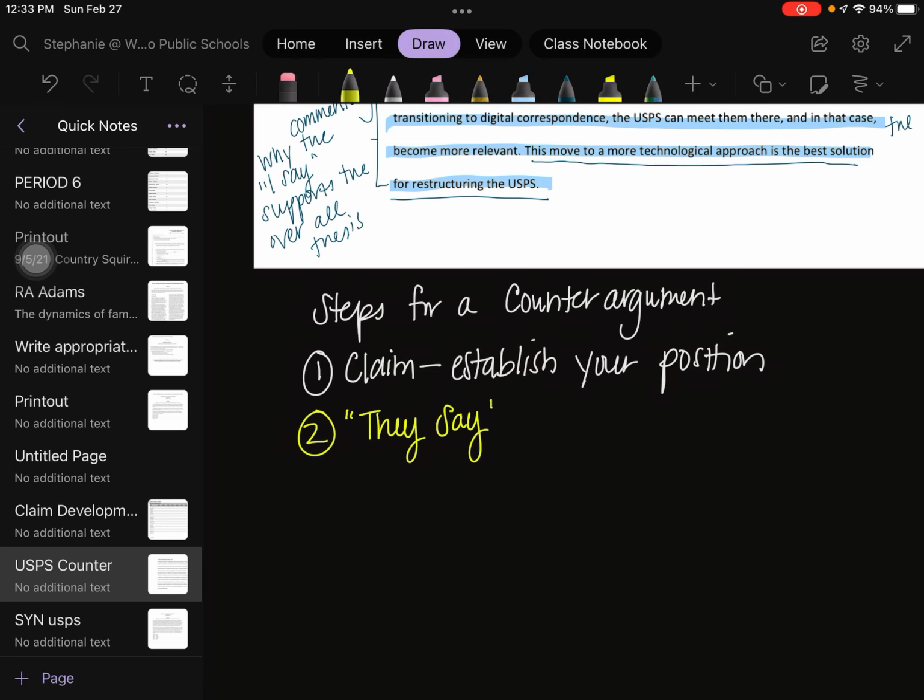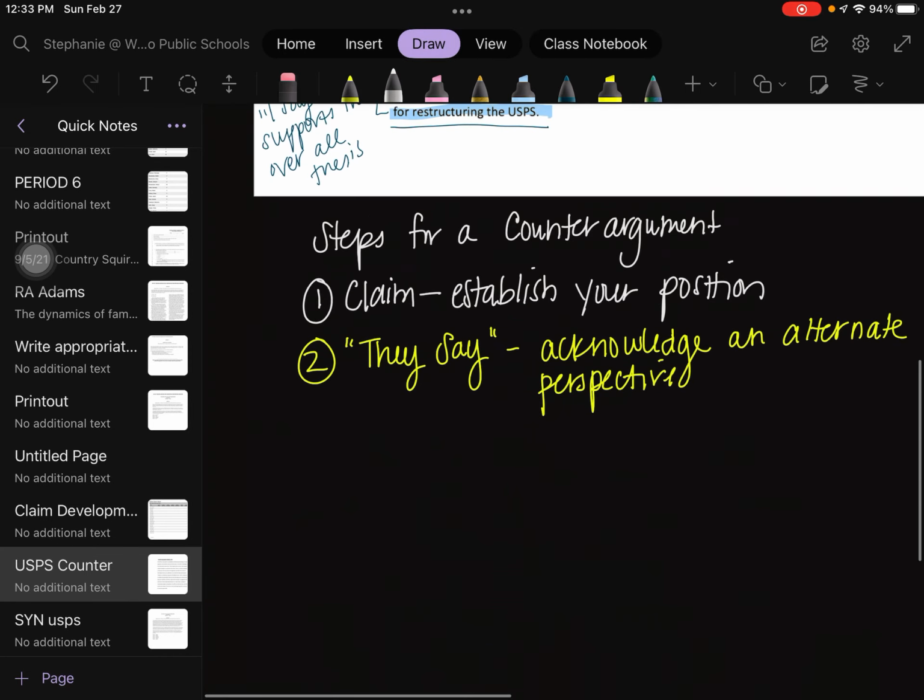So here's where we're going to deviate from our argument just for a minute to acknowledge an alternate perspective. Then we're going to come back because the next thing we want is that switch.